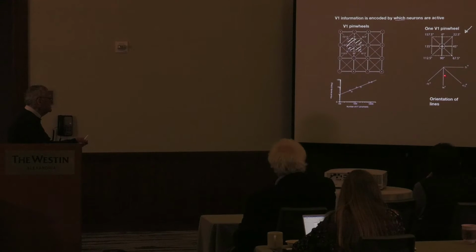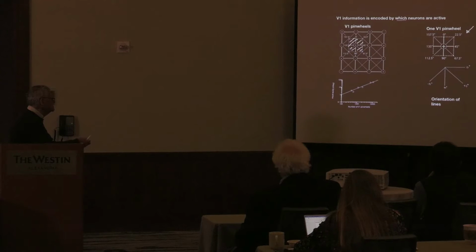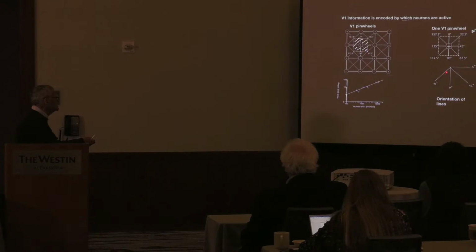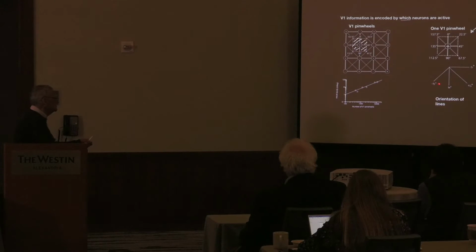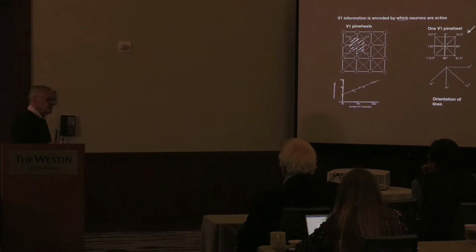This line here has a slope of 90 degrees, and this line here has a slope of 135 degrees. So anytime there's a line that runs through a pinwheel, the cells that respond to that pinwheel are tuned to match the slopes of lines.